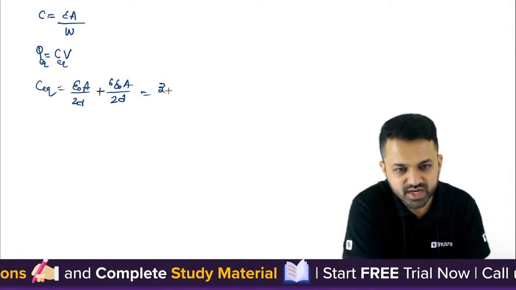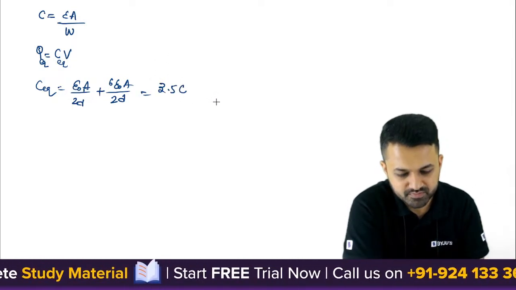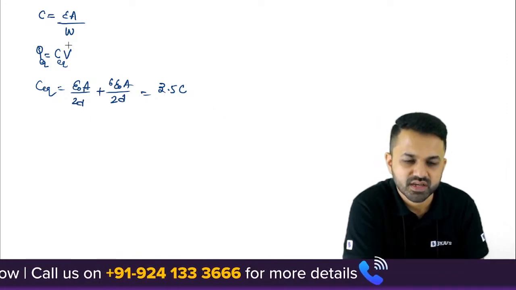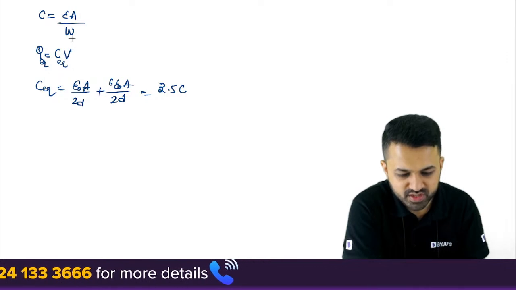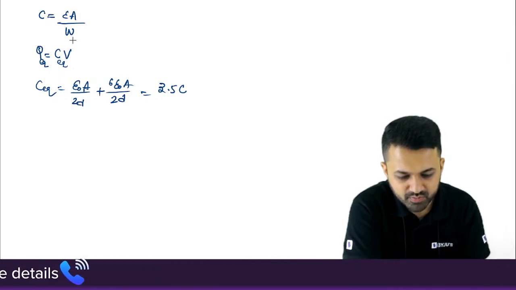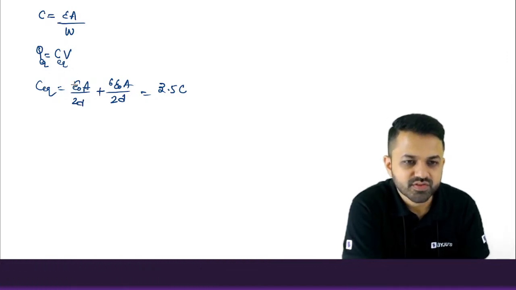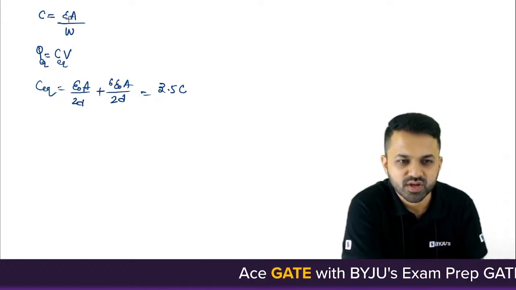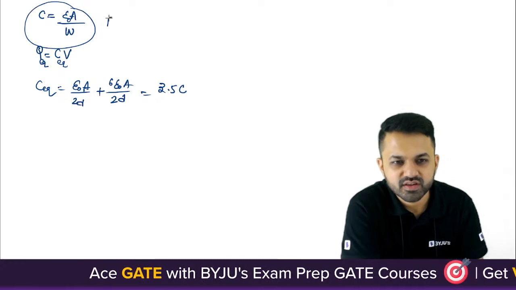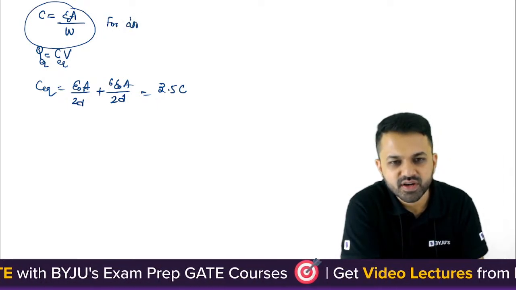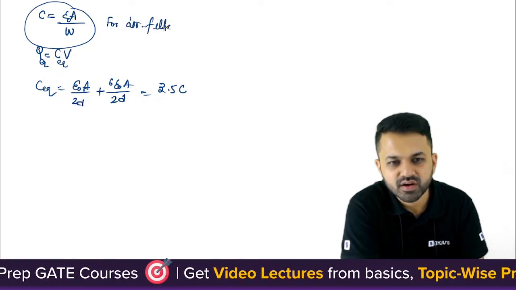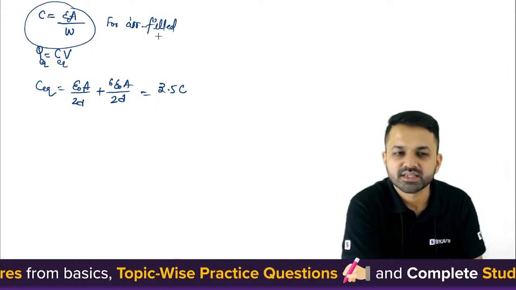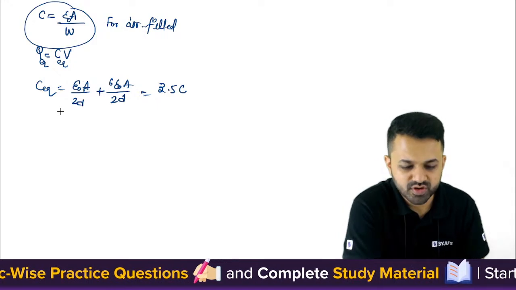So now you will get 3.5 C, that is C epsilon naught A upon D. You can write this as 1 by 2 and this is 3, so 3 by 2 and 1 by 2. This is for the air-filled capacitor in the beginning, before the dielectric: the capacitance is epsilon naught A upon D.